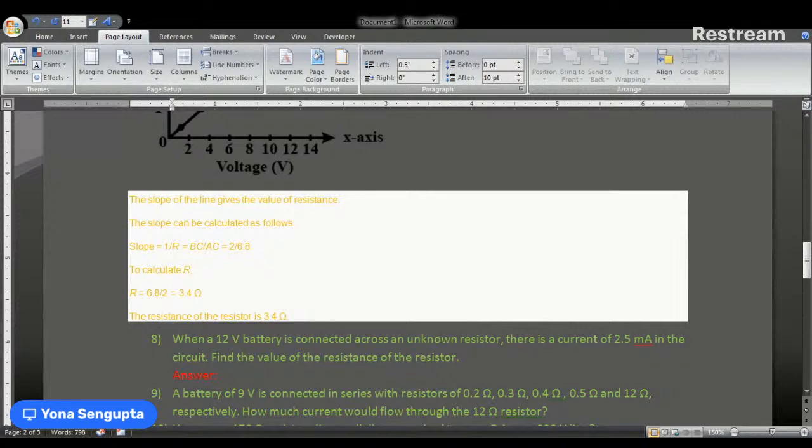So find the value of the resistance of the resistor.